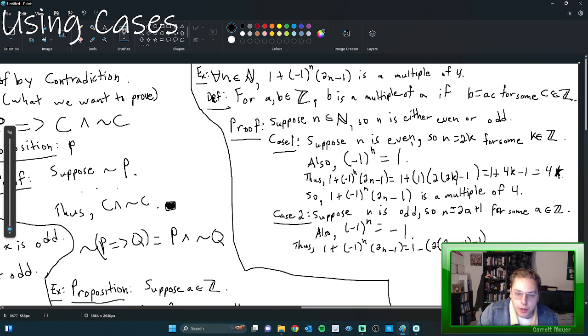This ultimately evaluates to 1 minus 4a. The 2 distributes, and then subtract 1, so you have plus 1, which is negative 4a. And a negative of an integer is also an integer, so it still works out.